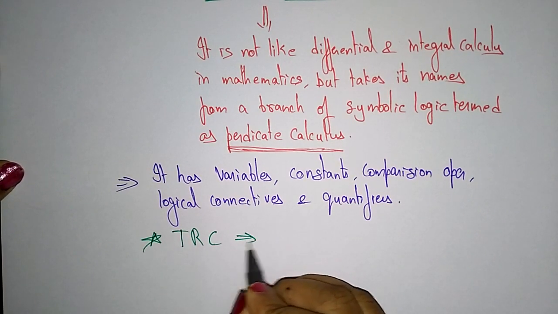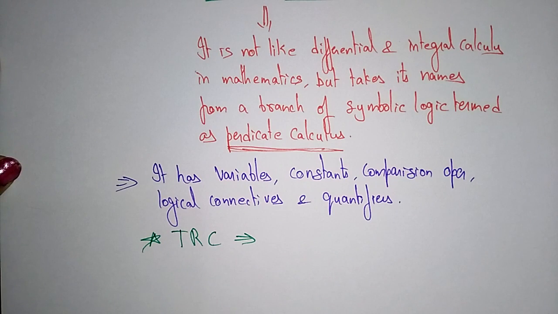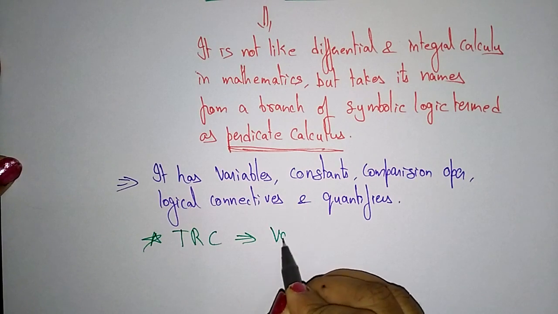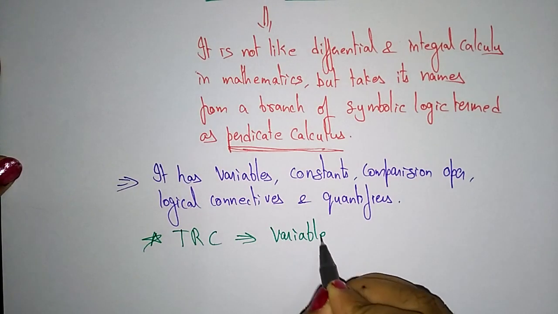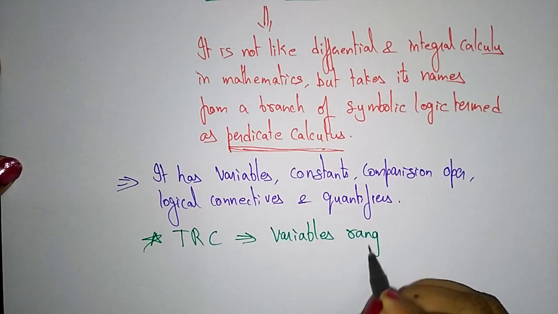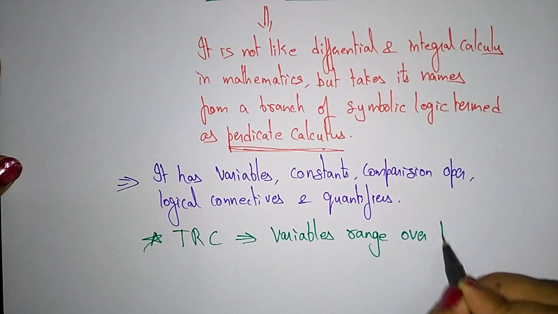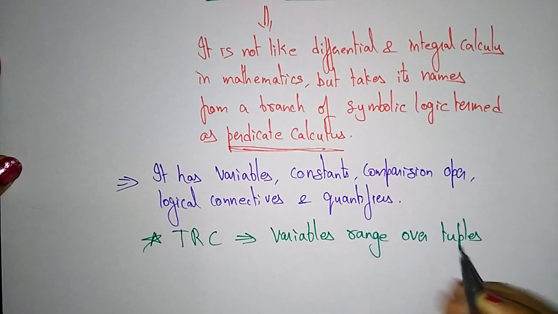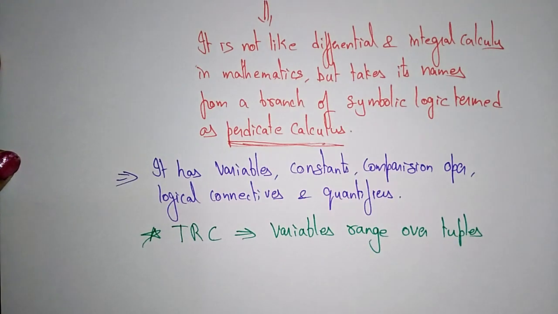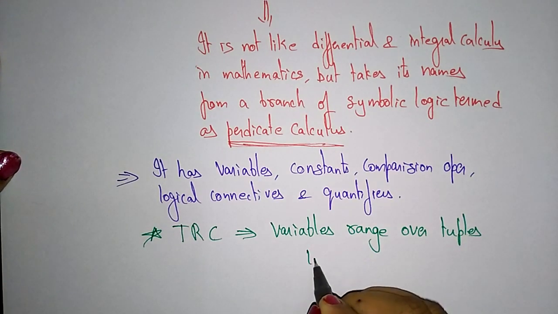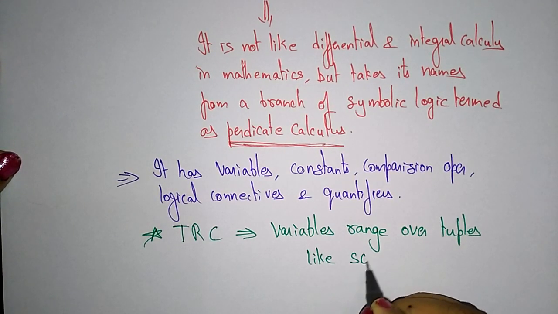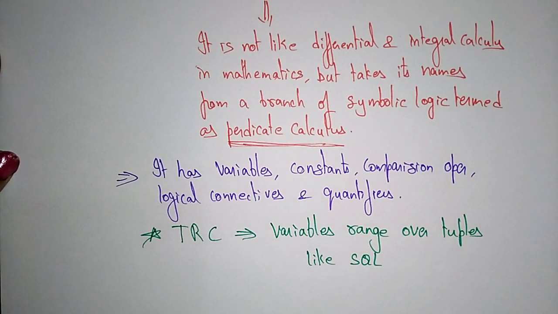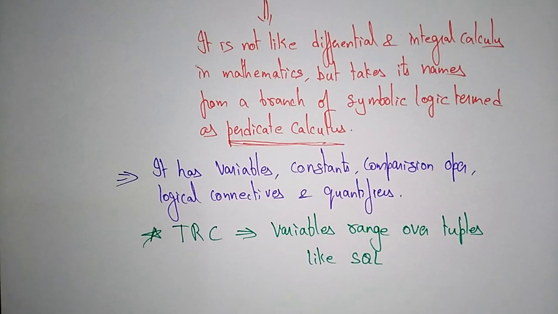Tuple relational calculus is based on rows; here the variables range over tuples. Whatever variables we take should range over tuples, just like SQL, structured query language, where we select the rows based on conditions.